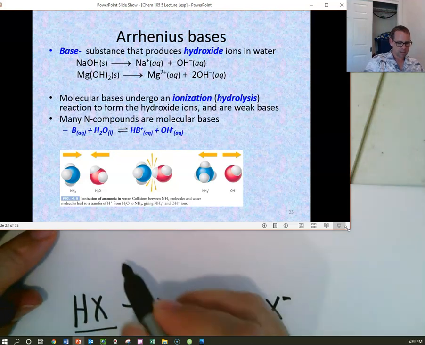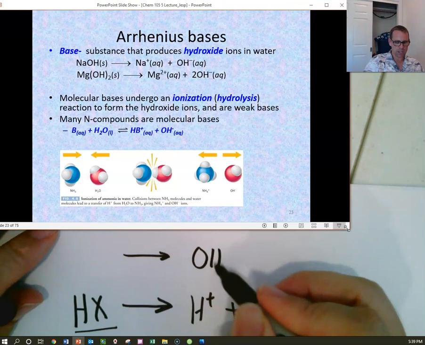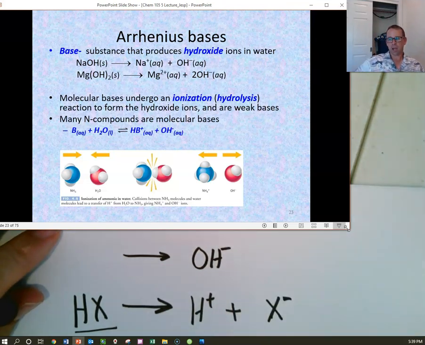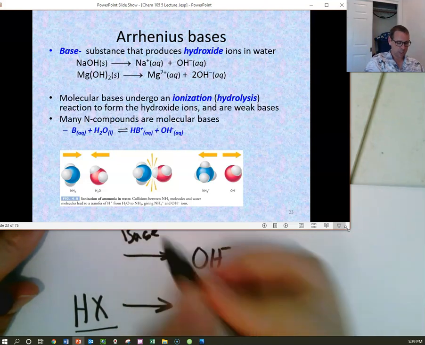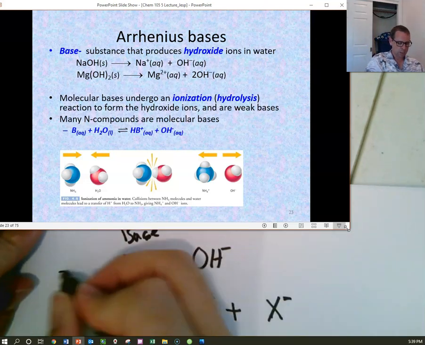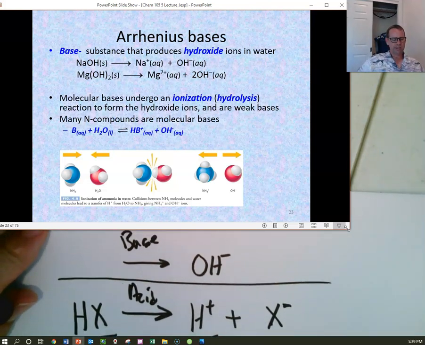Well, a base is a compound that you put into water, and instead of the hydrogen ion, the other half of the water molecule, which is the hydroxide ion, will result. So that is what a base is. An acid, you put it into water, and the hydrogen ion results.